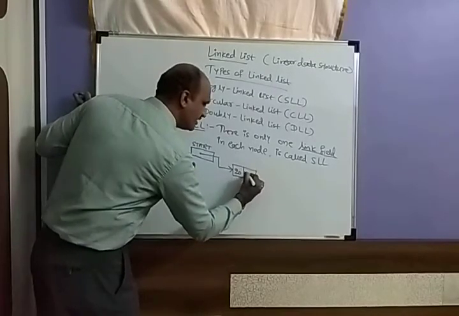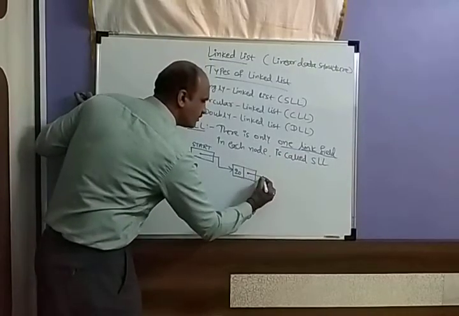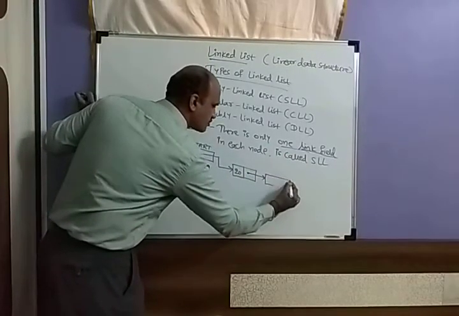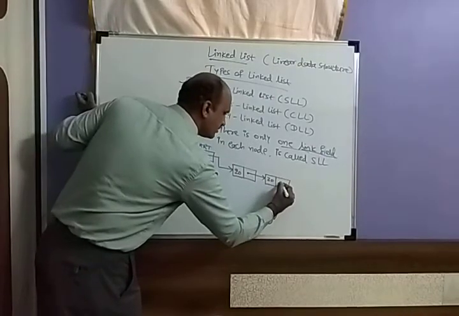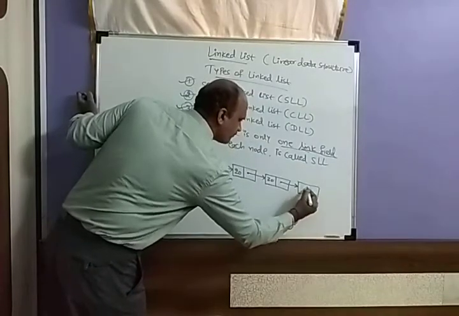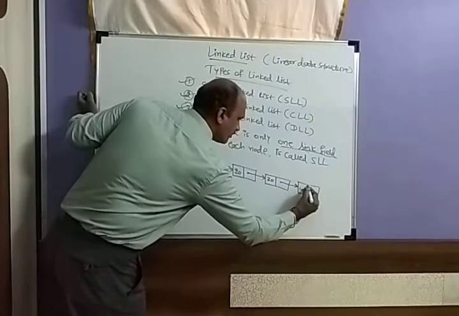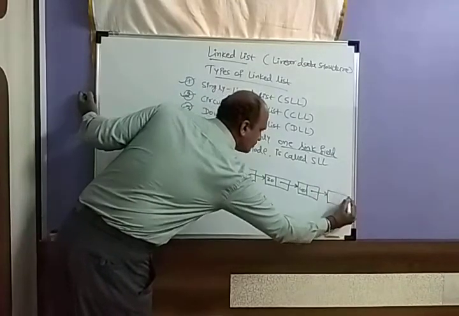This is the one link field which connects to the next node. That's why it is called a single linked list. Then it connects to the next node, so you can have a number of nodes. Lastly, it always ends with null.